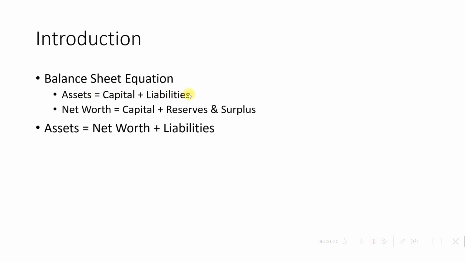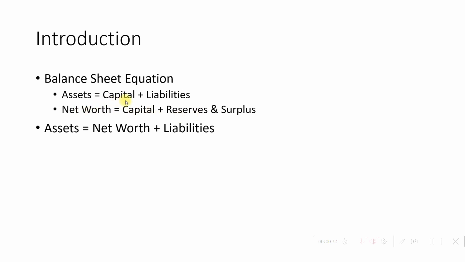In other words, the liabilities can be thought of as comprising the claims of the owner, which is nothing but capital, and the claims of outsiders, which is nothing but liabilities. In some sense, claims of owner would mean paid up capital plus balance of reserves and surplus, which is the same as net worth.